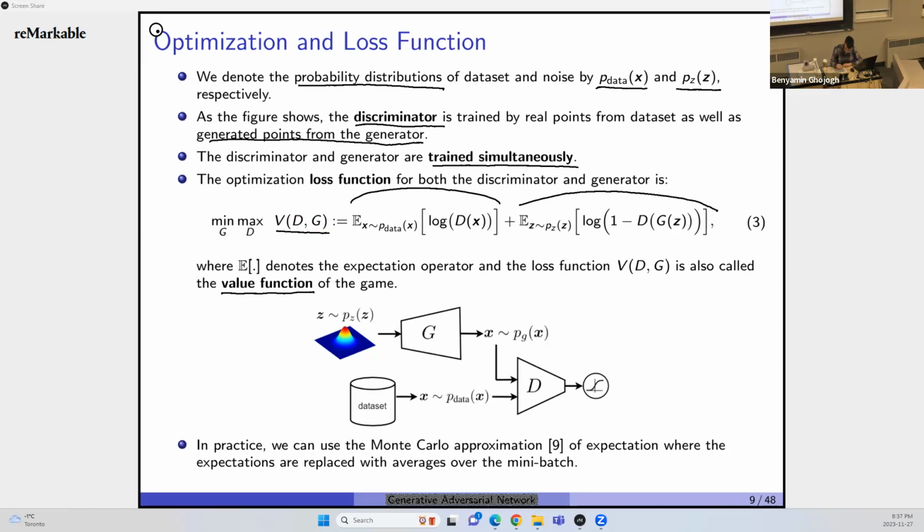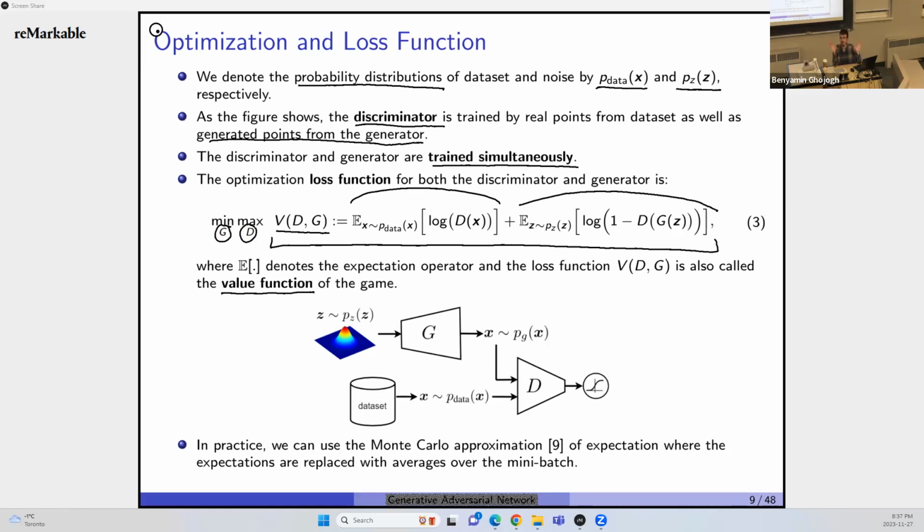Here, when I say maximize with respect to D, I mean with respect to the weights of the discriminator. Minimize with respect to G, I mean minimize with respect to the weights of the generator function. Basically, this loss function is maximized by the discriminator, minimized by the generator.